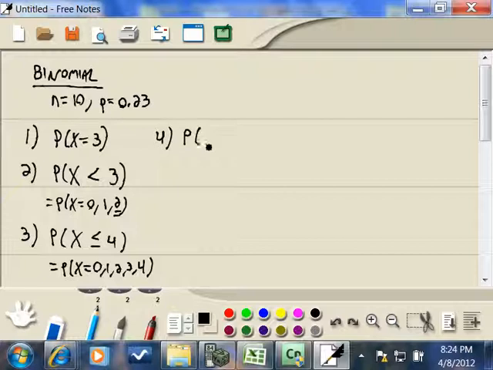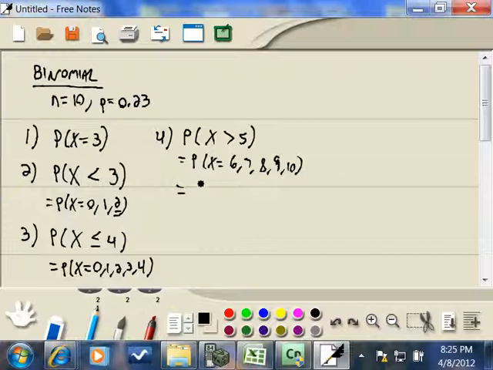Now our fourth one. Let's say probability x is greater than 5. Well, let's write down what x values that is. Greater than 5 is 6, 7, 8, 9, and 10. Now, the binom distribution only works when you go from 0 up to a number. It doesn't work from 6 to a number. So we have to rewrite this.